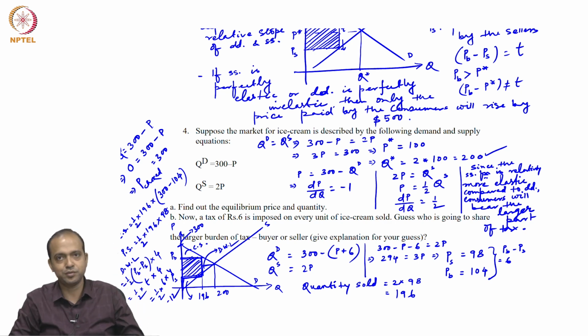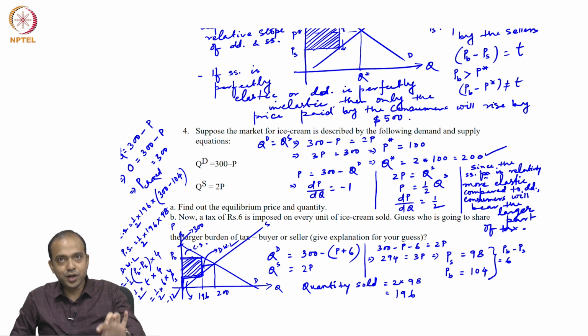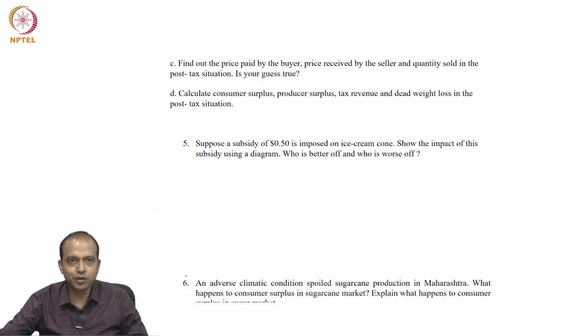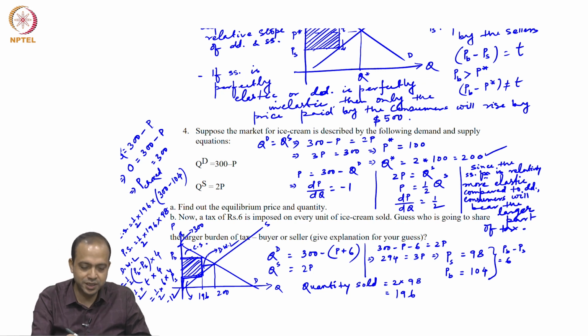The deadweight loss is 12. Okay. So, you please go back to the theory. Deadweight loss means this triangle I am talking about. How do you find it?